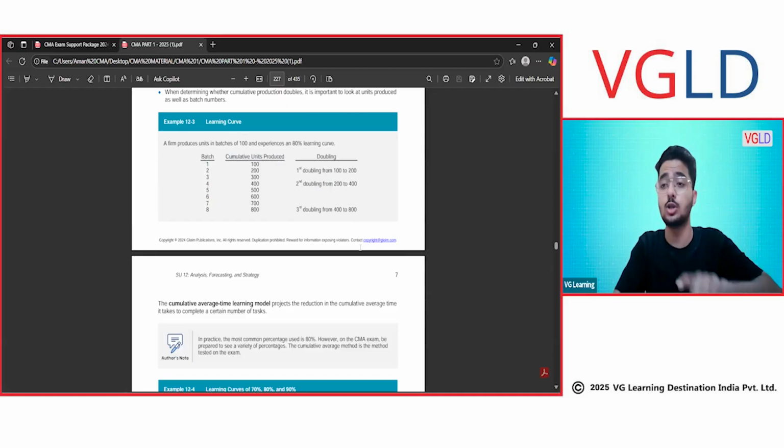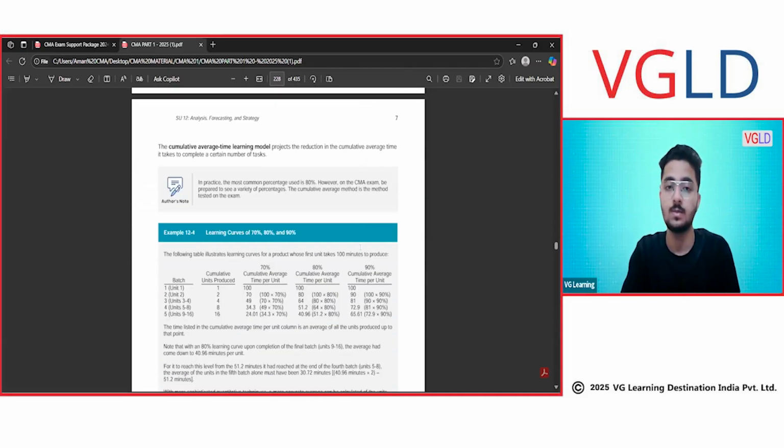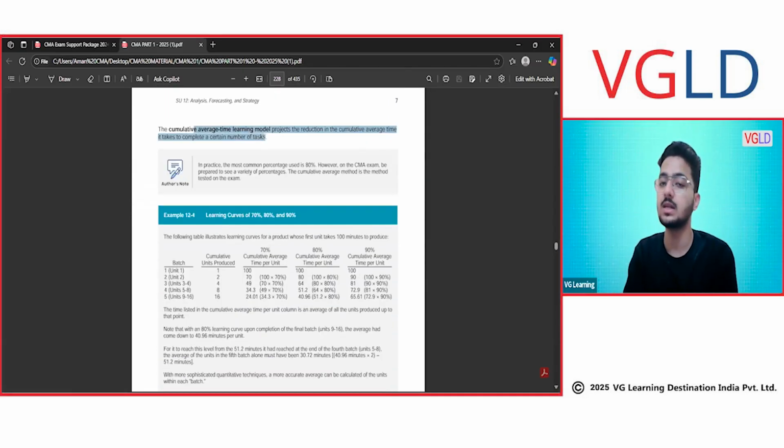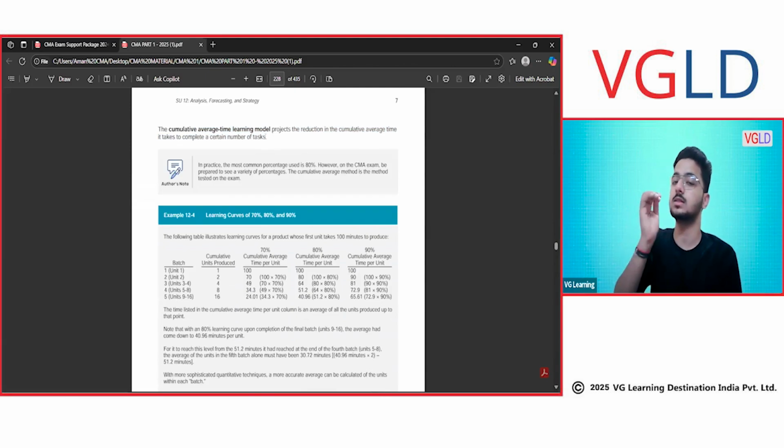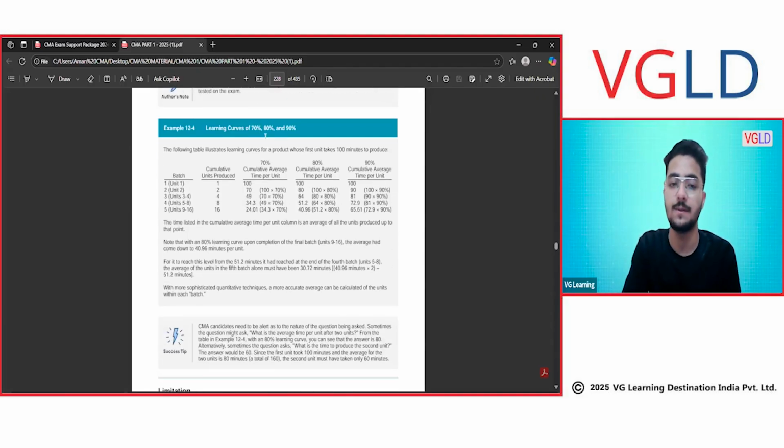There is cumulative average also. Cumulative average means the reduction in the cumulative average time. Whenever a number of tasks happen, your per unit time reduces. So here is a question as given. In the first batch, you produce 1 unit. In the second batch, you double it. In the third batch, you double it.